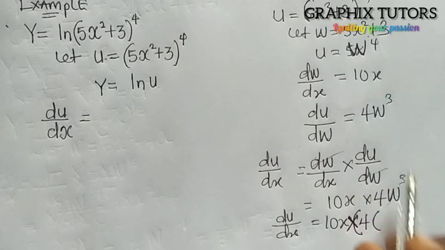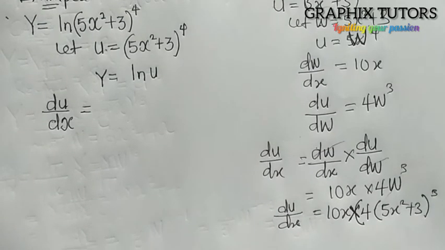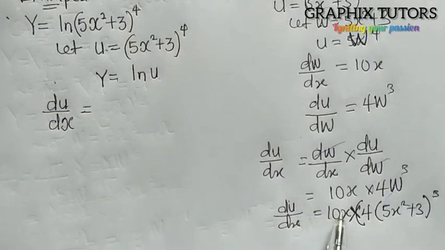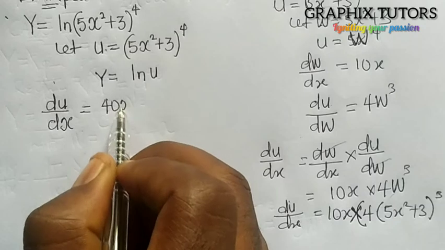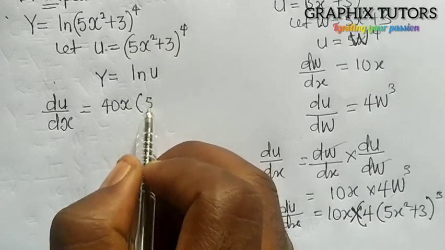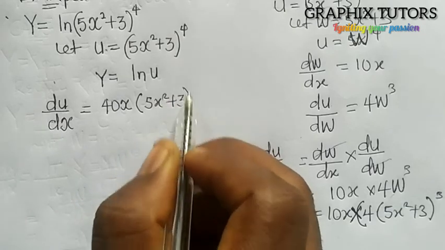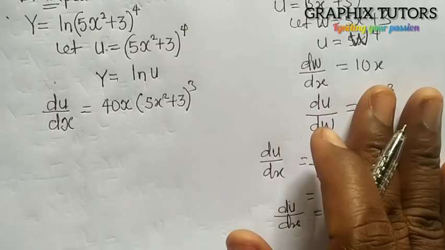W is 5x squared plus 3, and it has cubed on it here. So we'll now say that my du over dx gives me 10 times 4 is 40, so we have 40x into bracket 5x squared plus 3 to the power of 3. That's what we're having. This is just my side working.